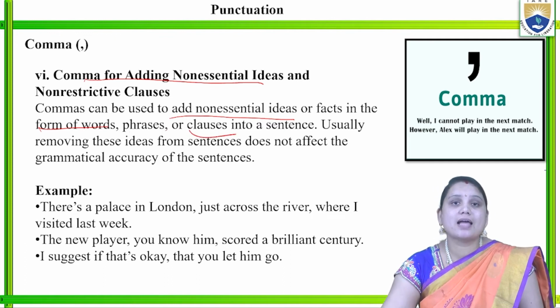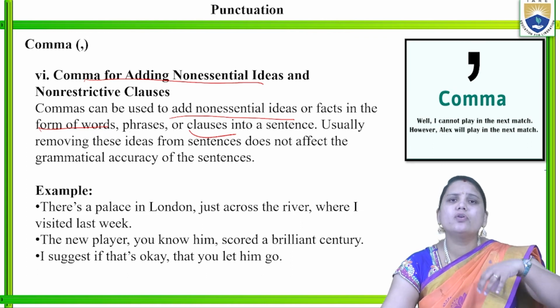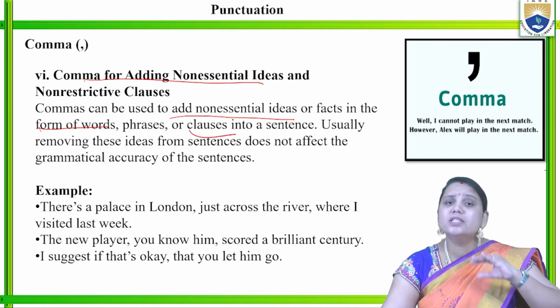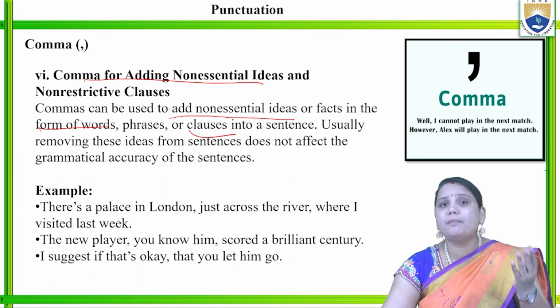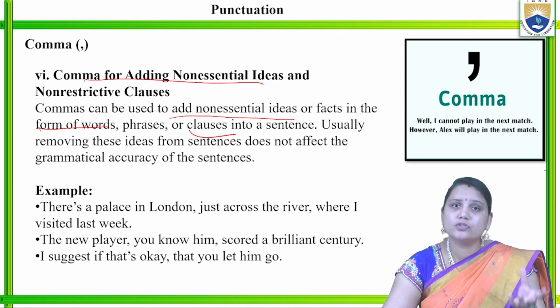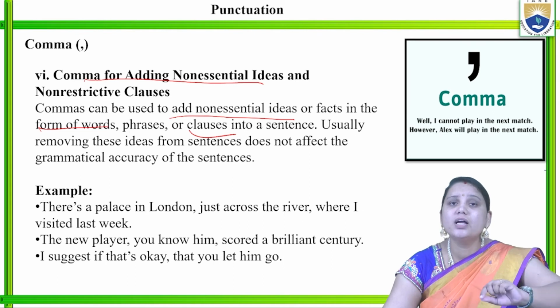Usually, removing these ideas from sentences does not affect them. Though if you remove this part the sentence is not affected, it gives authenticity to that particular sentence when you use commas in front of those non-essential ideas.